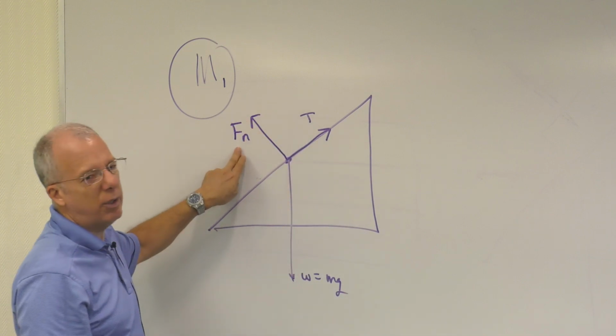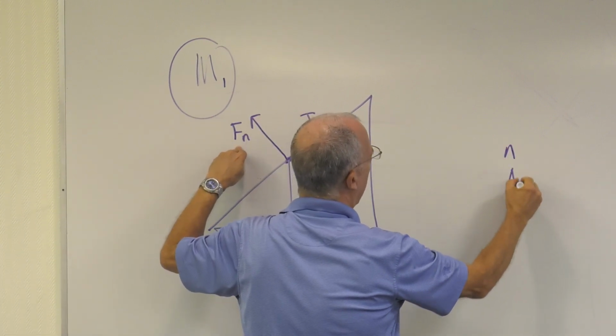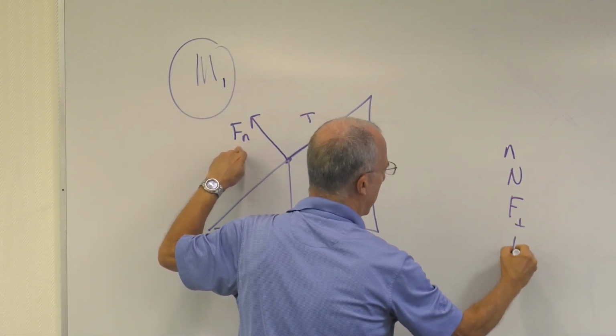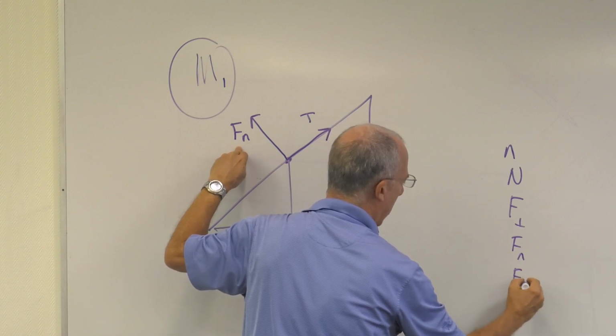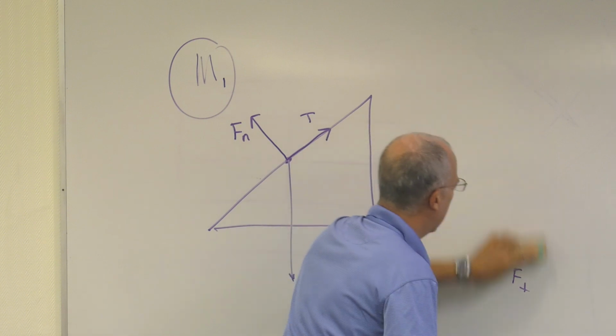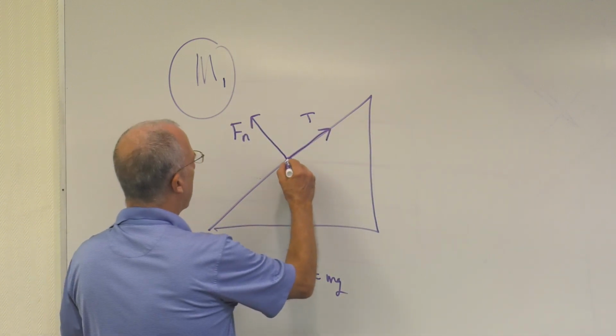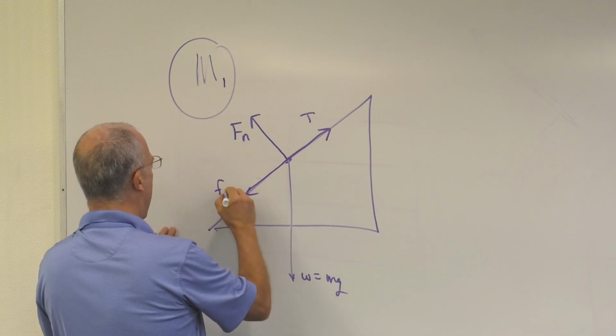By the way, you can call it whatever you want. Some people just put an N. Some people put uppercase. Some people put F perp. Some people put FN. Whatever you like. It doesn't matter. And then there's friction. Friction is opposing motion, so we have friction this way. So F friction.